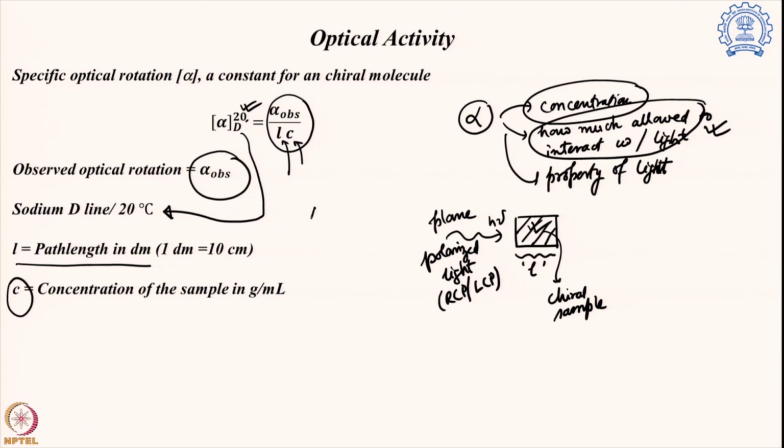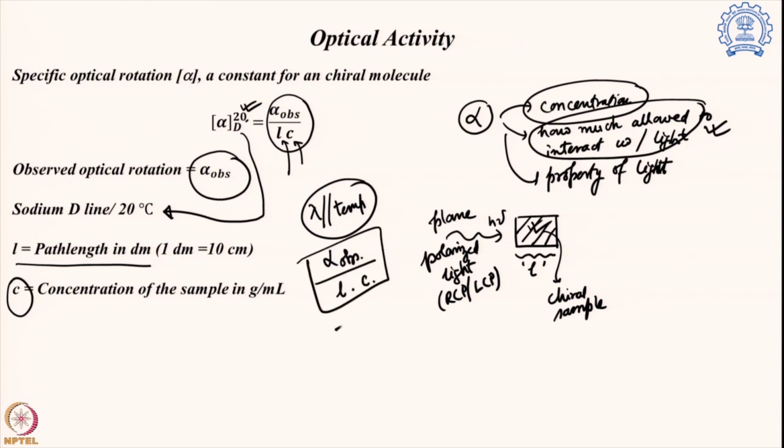So we measure that at a particular wavelength, at a particular temperature, and then if we have the observed optical rotation and I divide that by the path length and the concentration, we get a value which will be a constant, which is given over here. And generally we write the temperature and the lambda, or the light, which light we are using over here. So this value is a particular constant value, and for any particular chiral molecule it can be a signature value.